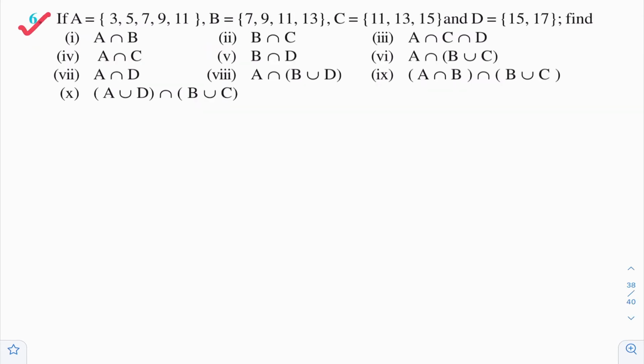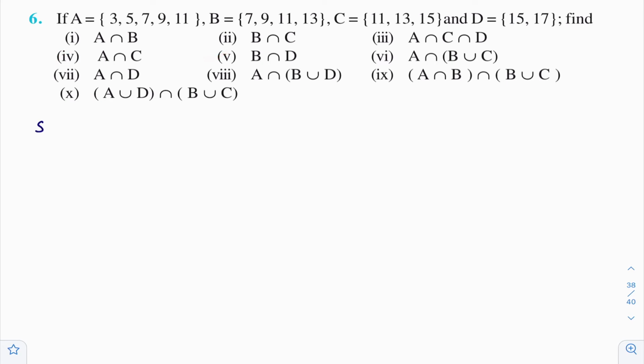Observe this question number 6. They gave set A, set B, set C, set D. Then find the following. So you observe A intersection B, B intersection C, A intersection C, B intersection D. Like that, these things are given.